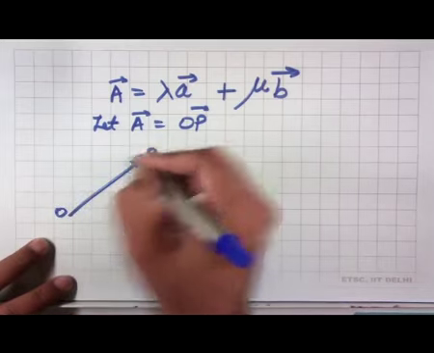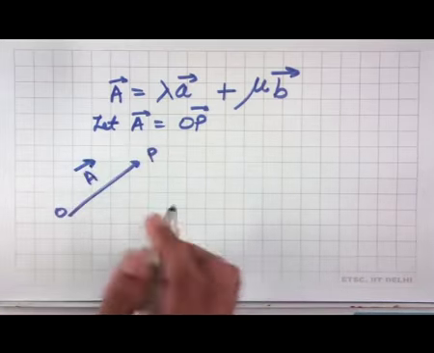So, this is the vector A which we denote by OP.